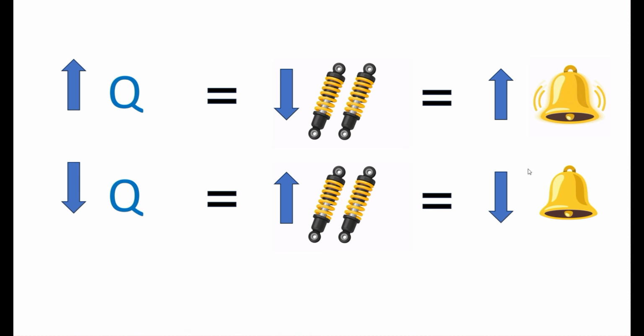So if you were a good bell maker, your bells would ring for ages, and they would be said to have a high Q or high quality, right? They were not very well damped, so they'd ring for ages. But if you were a lesser bell maker and your bells didn't ring quite as well, then you were said to have lower quality bells, or a lower Q, because they were more damped and didn't resonate or vibrate or oscillate for as long, right?